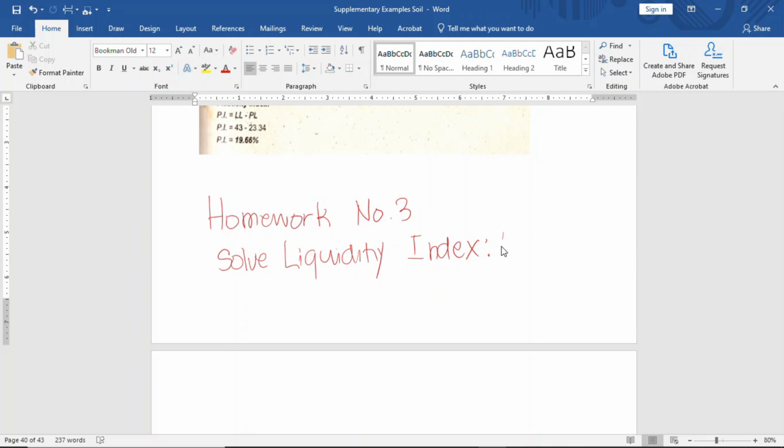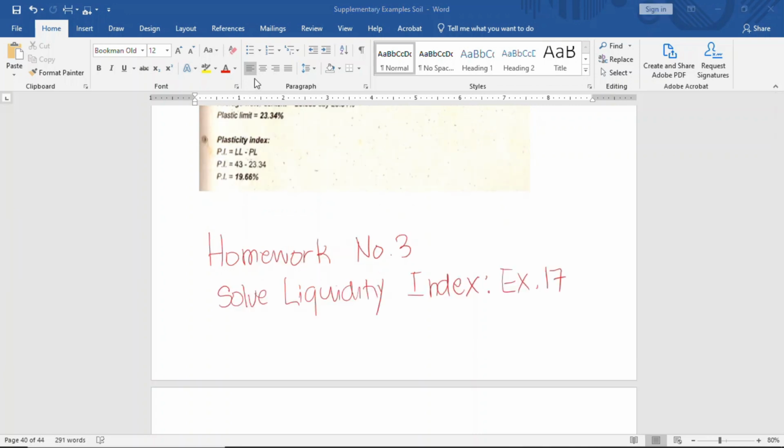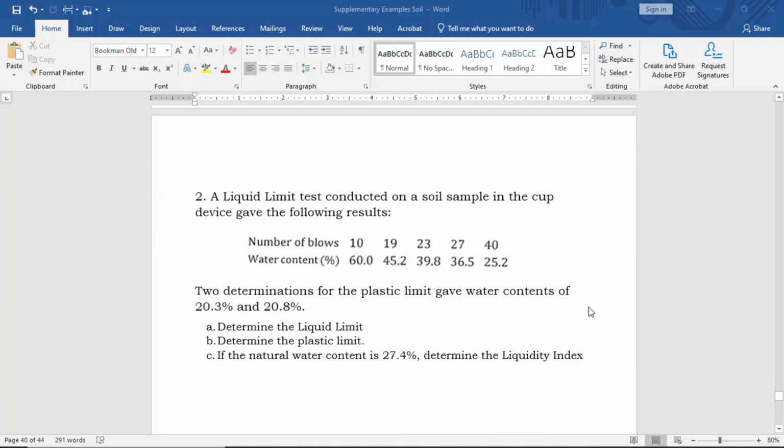Yung homework number 1 natin is solve the liquidity index for example number 17, yung last example natin. Tapos, number 2, liquid limit. Determine the liquid limit. Draw the flow curve.